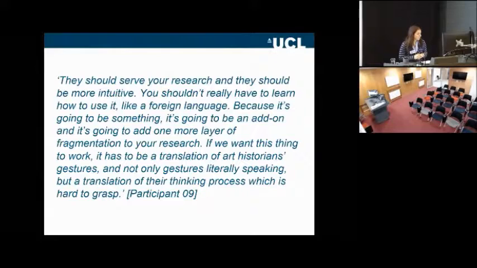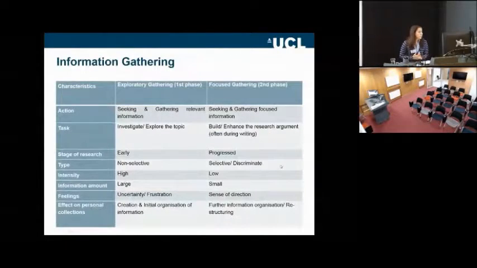So this is what one of our participants said, that they need digital resources to be more intuitive and just follow the practices of art historians. This is one of my results regarding what art historians did after they found the information and decided that they want to use it.